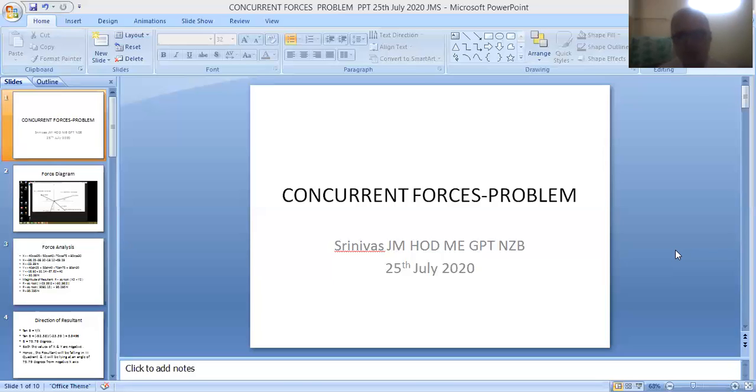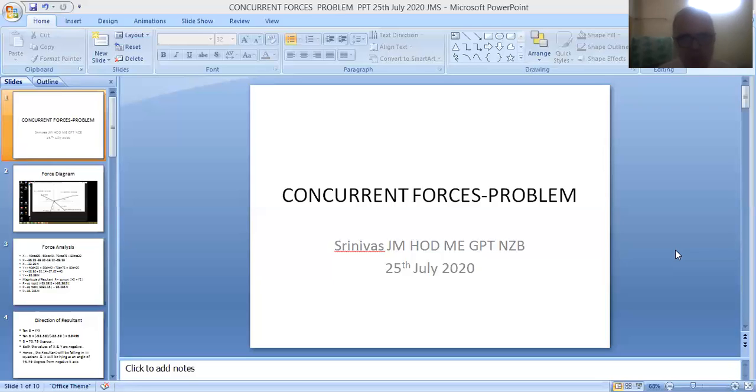So in the SI system, forces are generally expressed in terms of newtons and kilonewtons. N for representing newton and kN for representing kilonewtons. So these are the standard units used for indicating forces in the SI system.